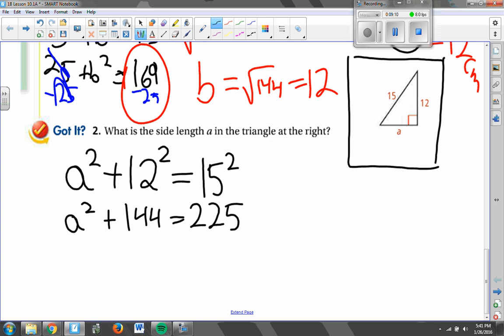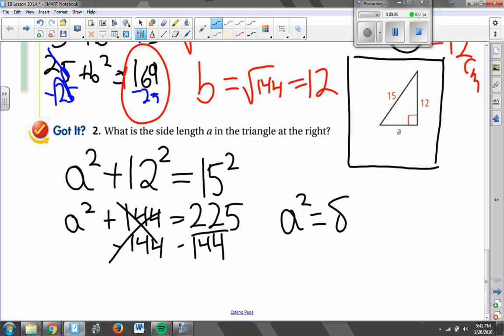I subtract 144 to get the A squared alone. Minus 144. So A squared is equal to 81. A is equal to 9 or negative 9, right?